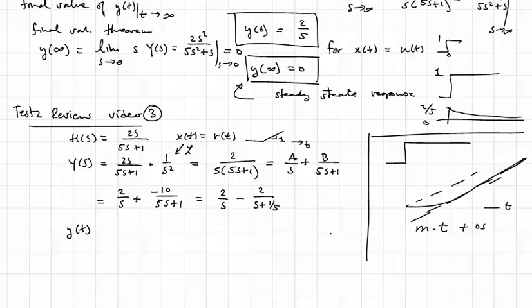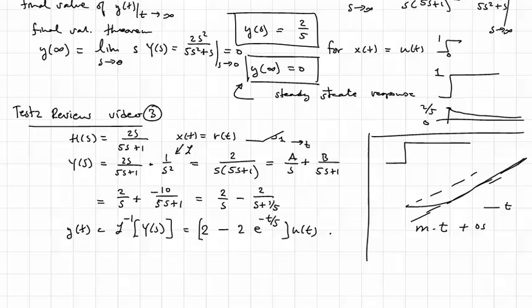Here we can take the inverse Laplace of Y(s), and that will be 2 minus 2e^(-t/5), and the whole thing times our unit step.